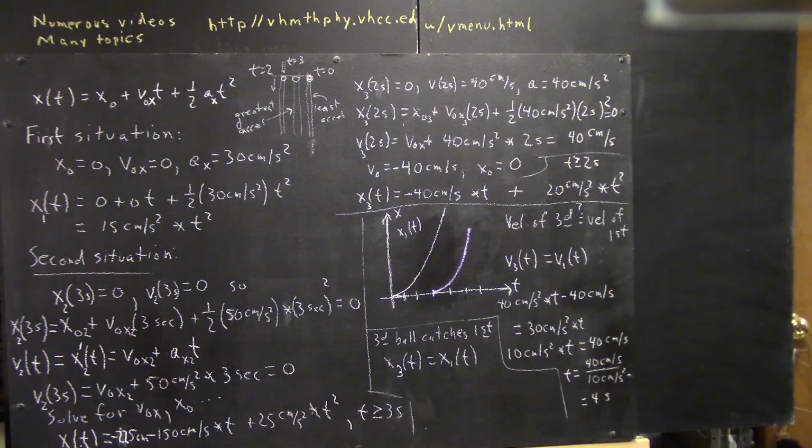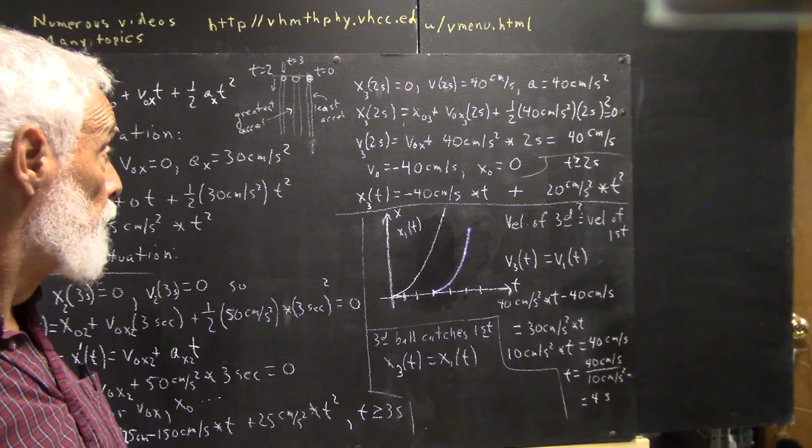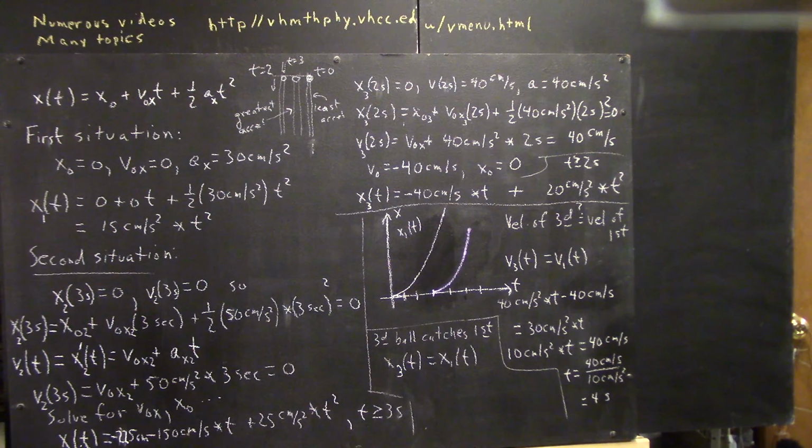Maybe it was doing something before that, but there's no information in the statement of the problem that tells you what that might be. Okay, so that's the first hurdle. Being able to take the given information, put it into this format, get 2 simultaneous equations, solve them so you have a position function.